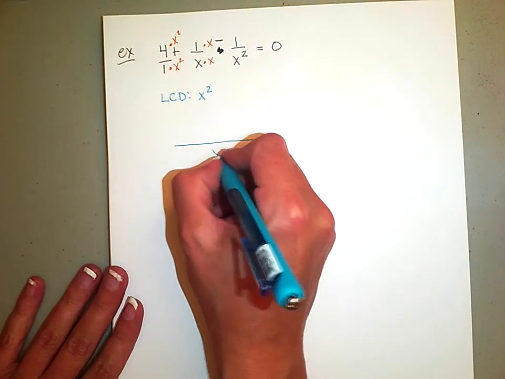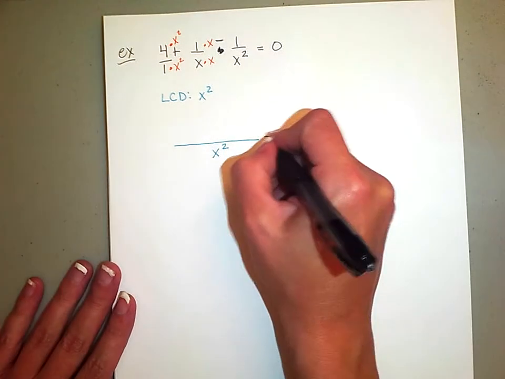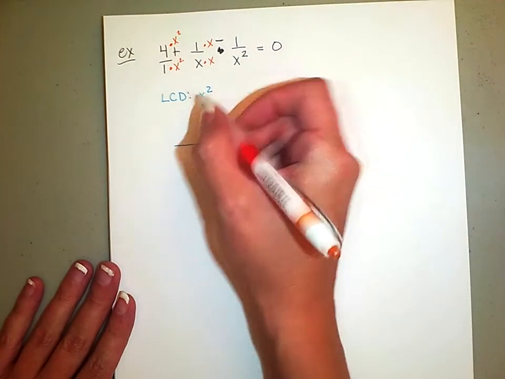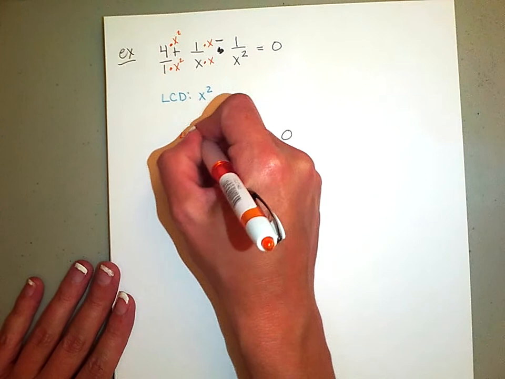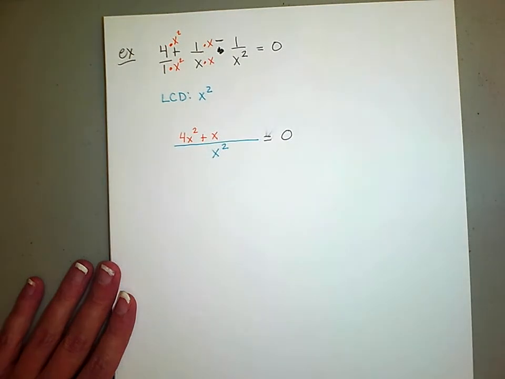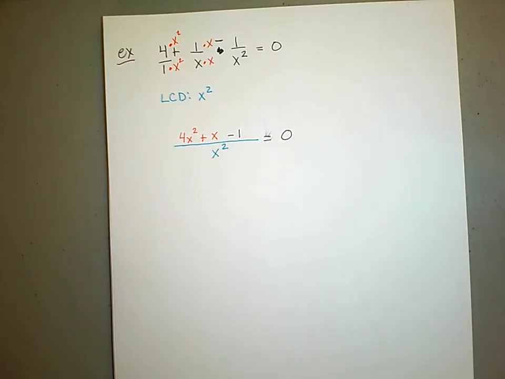And now our least common denominator is x squared. This is equal to 0. So from here we have 4x squared. And from here we have plus x. And then minus 1 equals 0.